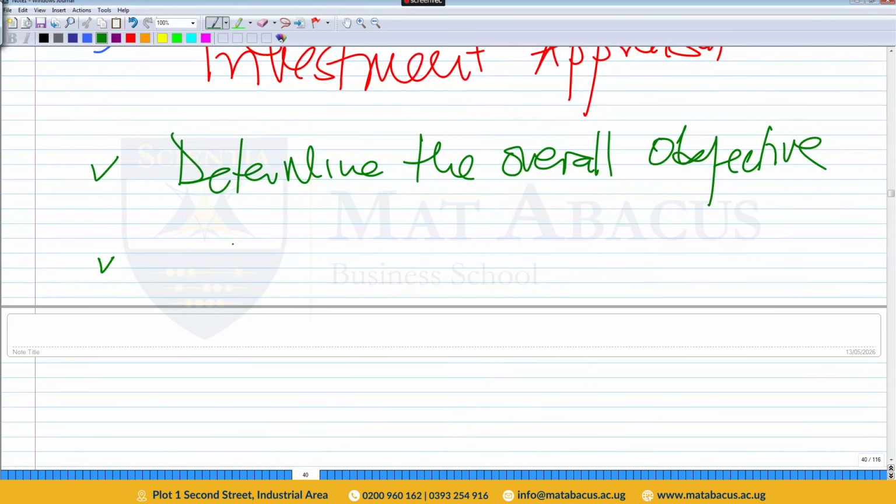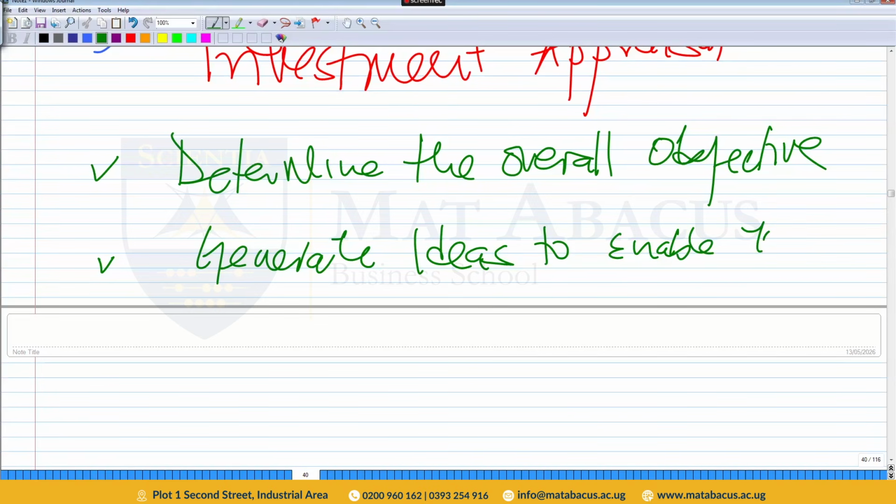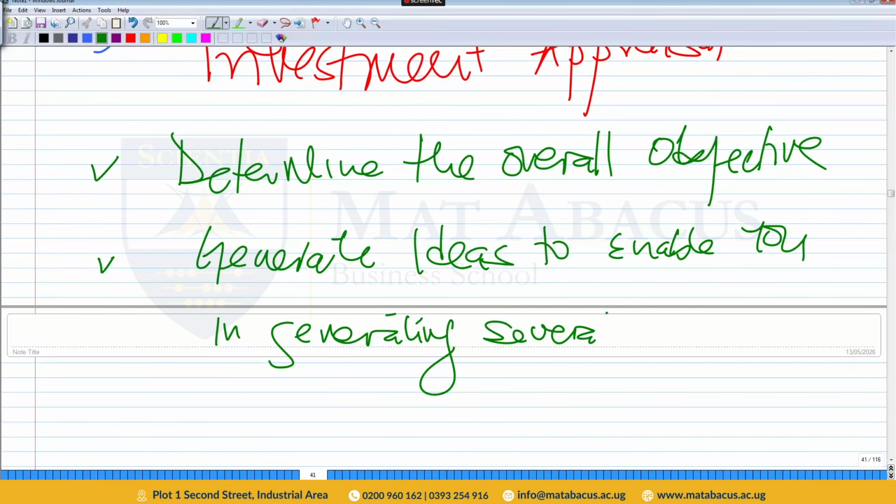And normally you generate ideas, you generate ideas to enable you in generating several investment options.